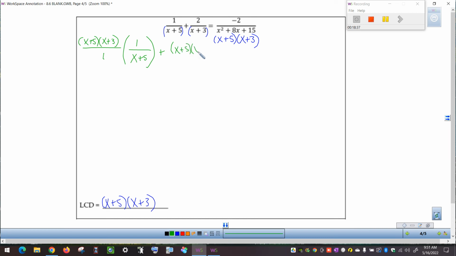And just go ahead and write this out for the second piece. I'm going to switch up the order a little bit on the other side. I'm going to put the LCD part in front, just to kind of stay consistent with the way I wrote the others.